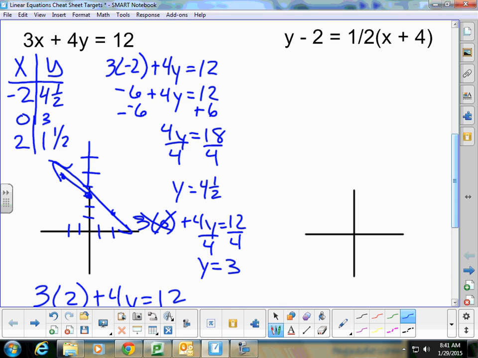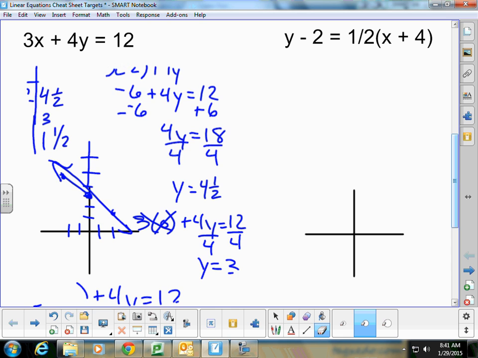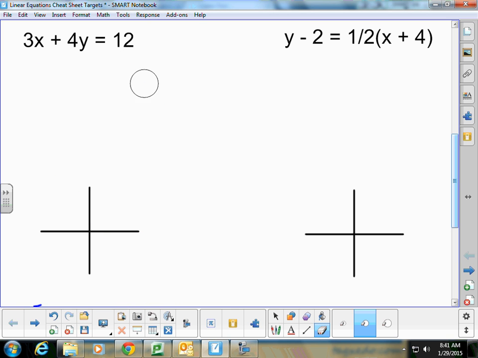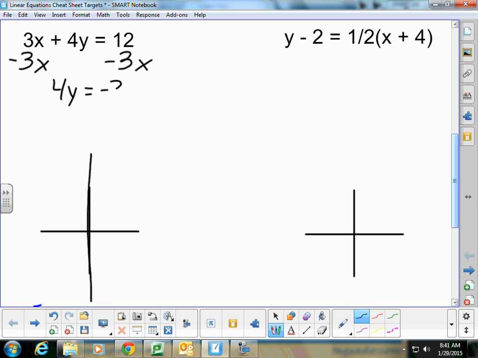That seemed like a lot of work for this one because they were ugly numbers, and some of you would maybe prefer to convert to slope-intercept form first. That is also an option, but if you're not strong in that area, then you wouldn't want to do that. But if you are, then you can solve for y by moving this over, getting 3x plus 12, then dividing by 4 for y equals negative 3/4 x plus 3.